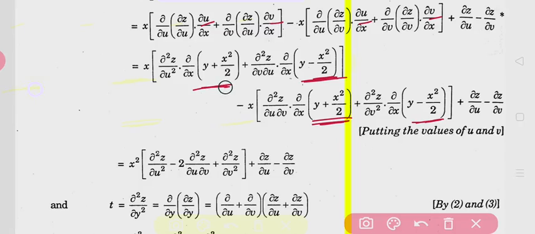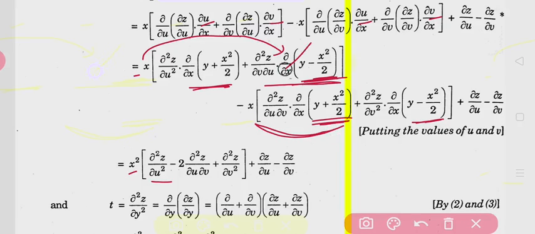Thus you multiply this. This is x actually. So x and x becomes x² into ∂²z/∂u². Okay. So x² I have taken out common, so ∂²z/∂u². Now when you check this, it will be minus of x into ∂²z/∂u∂v, and another x multiplies, so minus of x² into ∂²z/∂u∂v. And here x into minus x, so x² into ∂²z/∂u∂v.